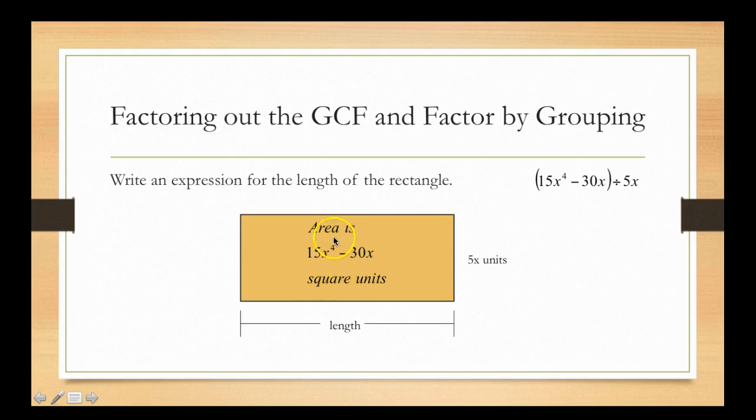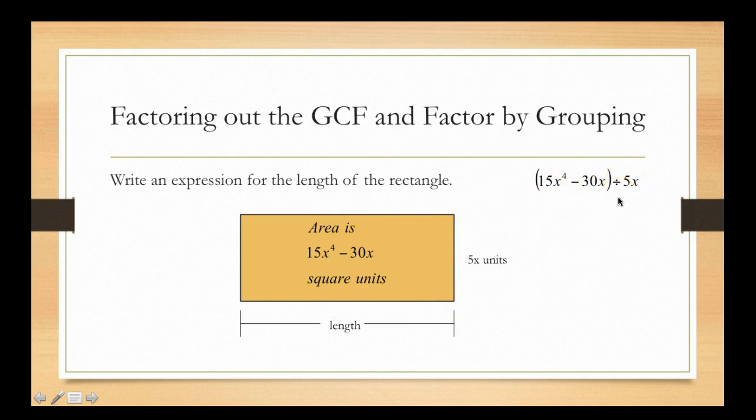And then also, since you know that this unknown times this 5x equals the area, I could take the area and divide it by the length to get my width, or I can take this area divided by my width to get my length, and that's what we did here.